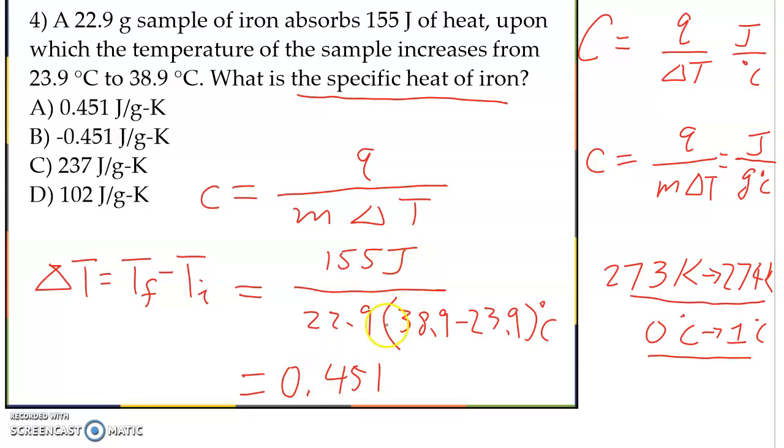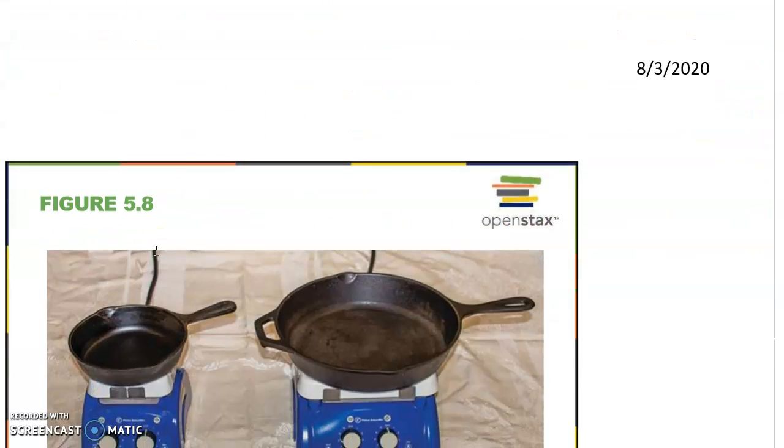What would be this unit? It will be joule per gram per degree Celsius, or joule per gram per K. So in this case, yes, I find an answer over here. All right, let's look at the next example.